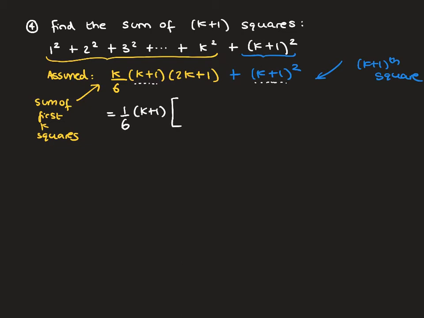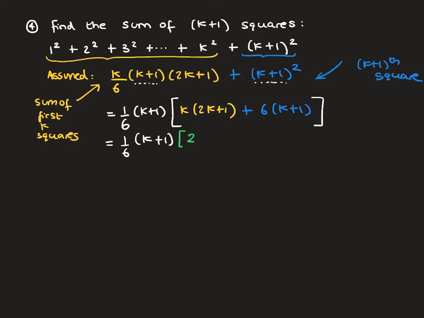So if I take out a factor of a 6th k plus 1, I'm left with, in the first part, k bracket 2k plus 1, and in the second part I'm left with 6k plus 1. And now we can do a little expanding. So in the big square brackets, what do we get?